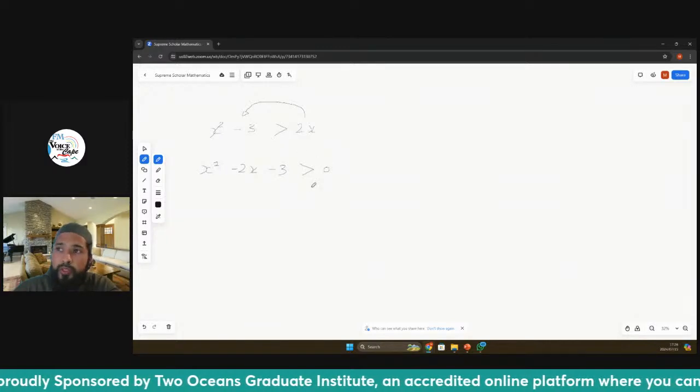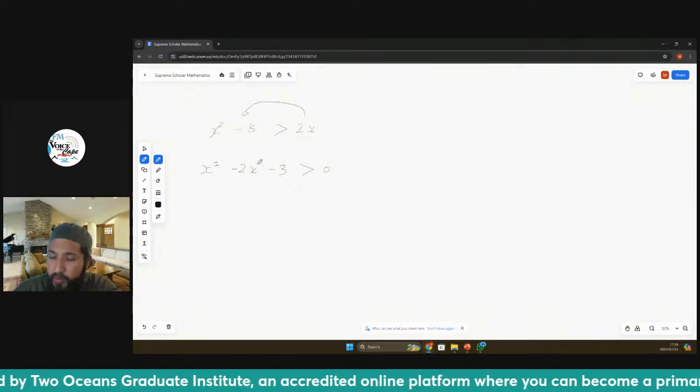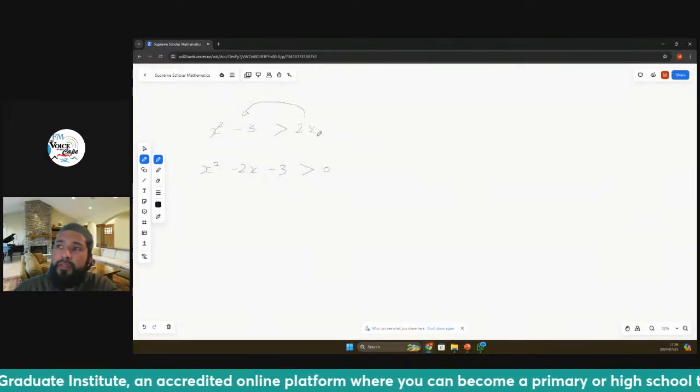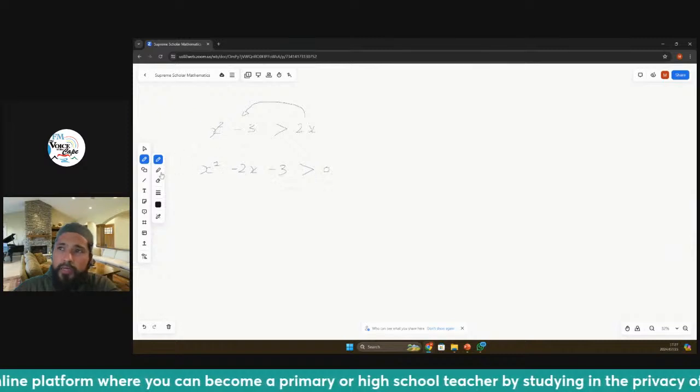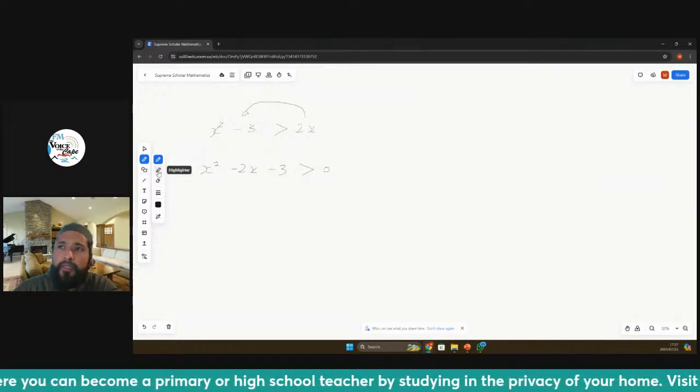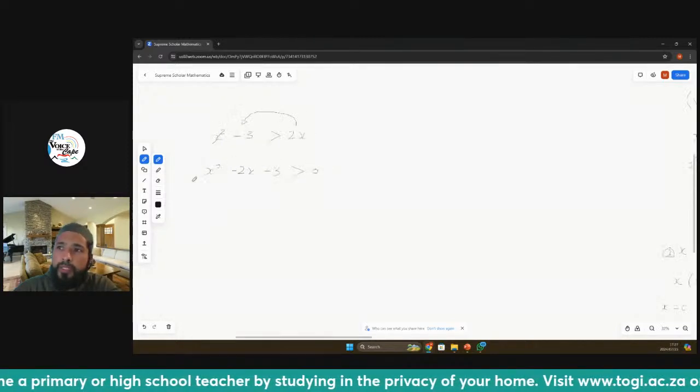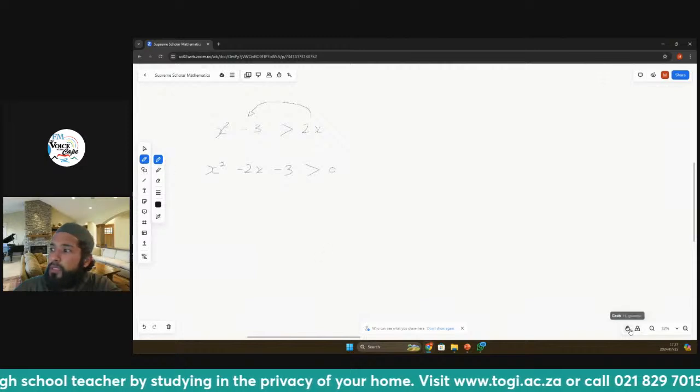That's something important to note. In this case, we don't have to do that because we're not dividing by any negative number; we're just subtracting 2x. I hope that's clear. We can unpack that in another lesson. I don't want to spend too much time on that right now because this is a simpler example.